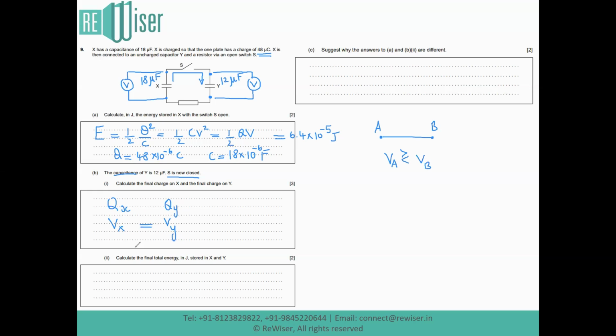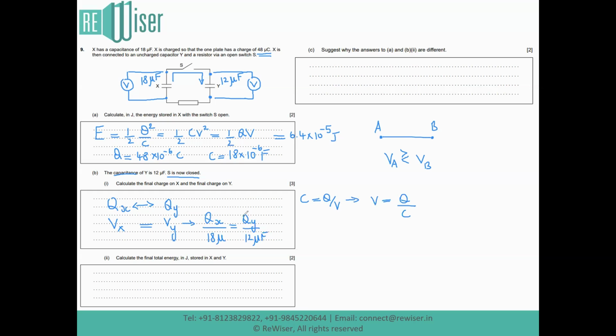Since Vx equals Vy, and I know from the capacitance formula that C is equal to Q over V, rewritten, V is equal to Q over C. I can write the relation between Qx and Qy as Qx divided by the capacitance of X, which is 18 microfarad, is equal to Qy divided by the capacitance of Y, which is 12 microfarad.